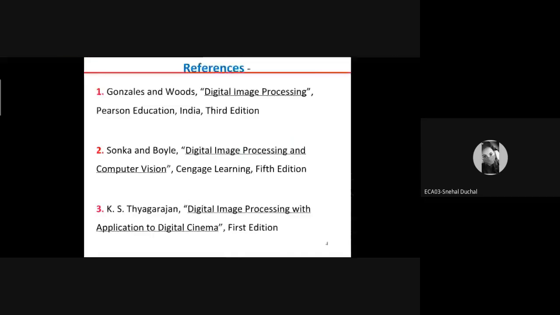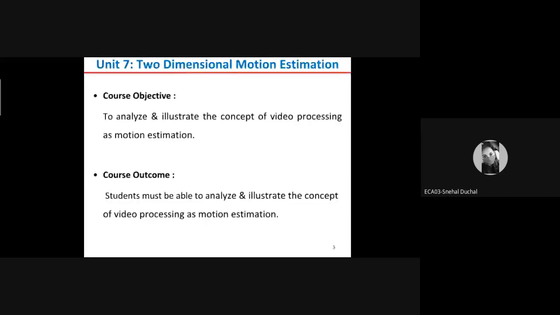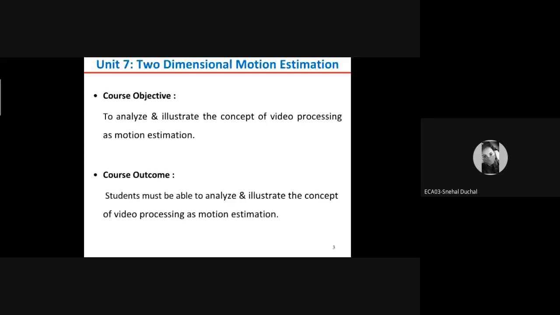So in order to study this unit, first we need to understand the basic objective of studying motion estimation techniques. If we deal with video processing, then we have to understand the various basic concepts regarding videos. In unit number 6, we studied what a video is and how we can capture video signals.